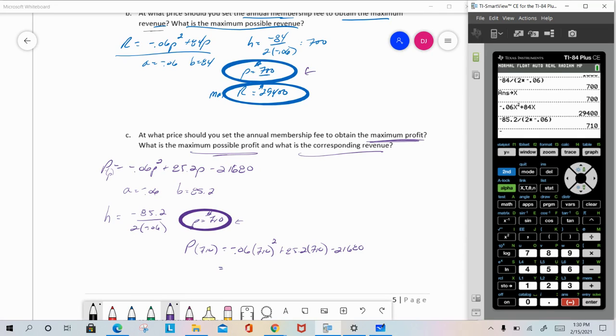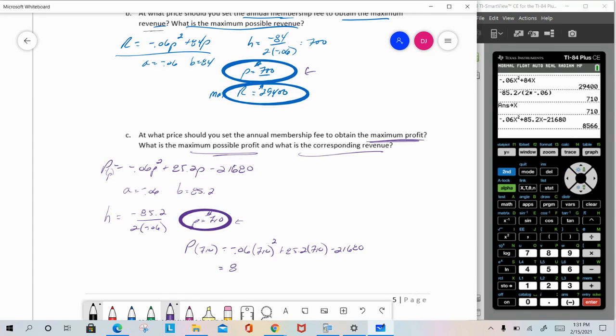So that's going to be negative. What I'm going to do is I'm going to store that answer as X. So I can do negative 0.06x squared plus 85.2x minus 21,680.